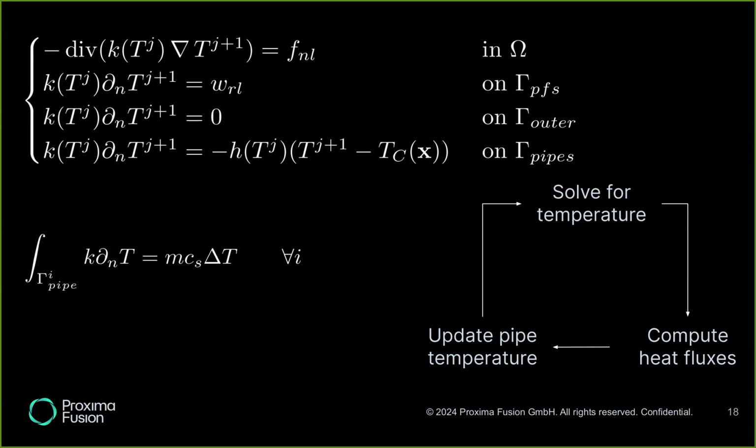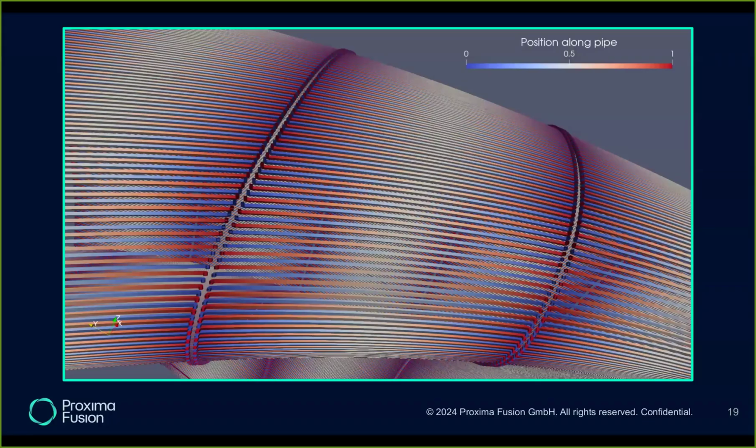And there's another twist. If you have two parallel pipes, you don't want the coolant to flow parallel. You want it to flow counter-parallel so that the cooler end of one pipe is right next to the hotter end of the other pipe and vice versa. So this helps even out the heat a little bit more, which means that in pre-processing, we have to tag the pipes.